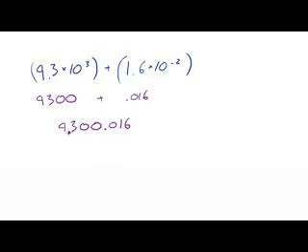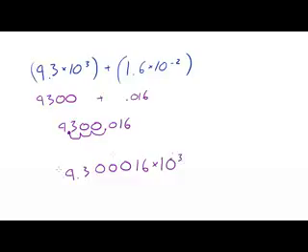So right here is where we want the decimal point to be. So we have to move it 3 places to the left. So our final answer is 9.300016 times 10 to the third. You remember how many places we moved it to the left? 3. So that's our final answer that can go on our test.